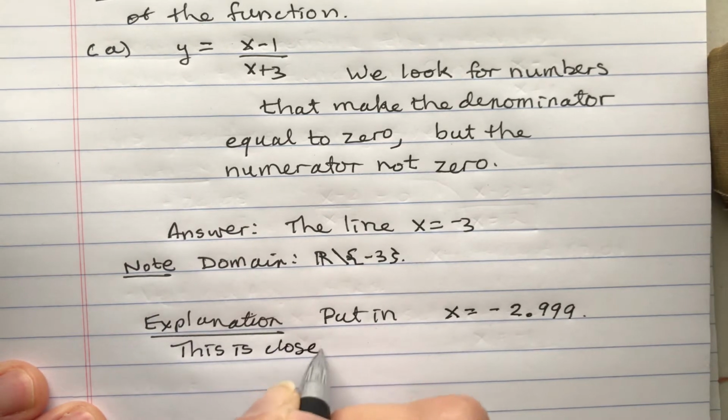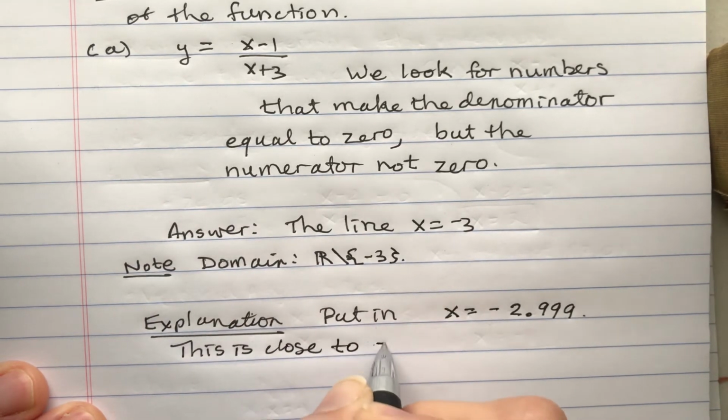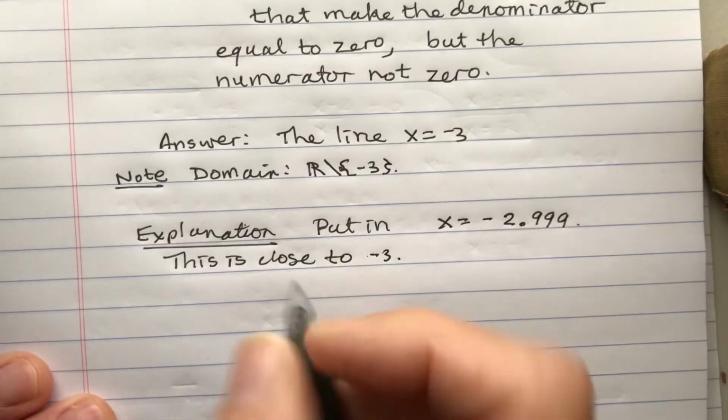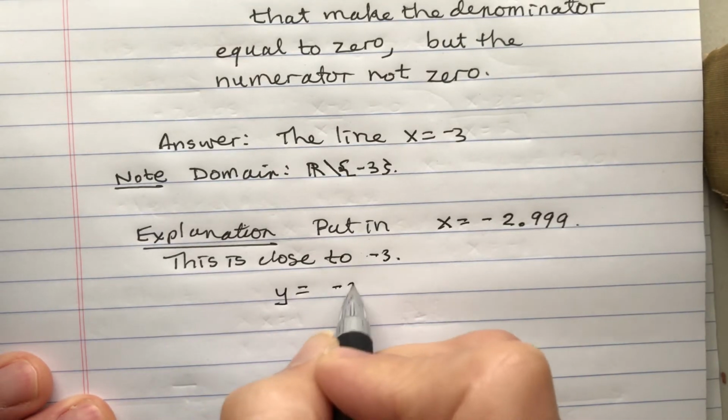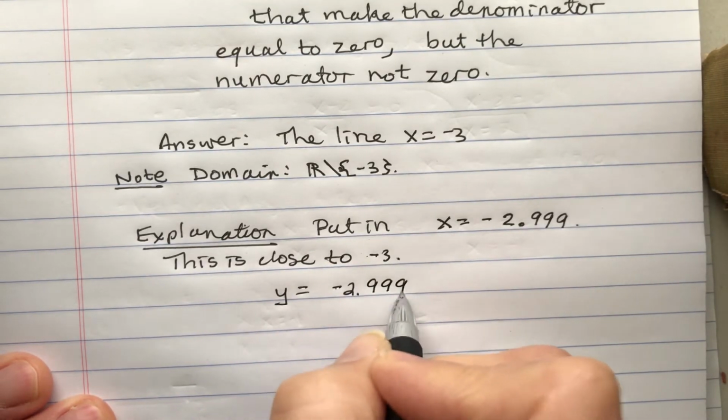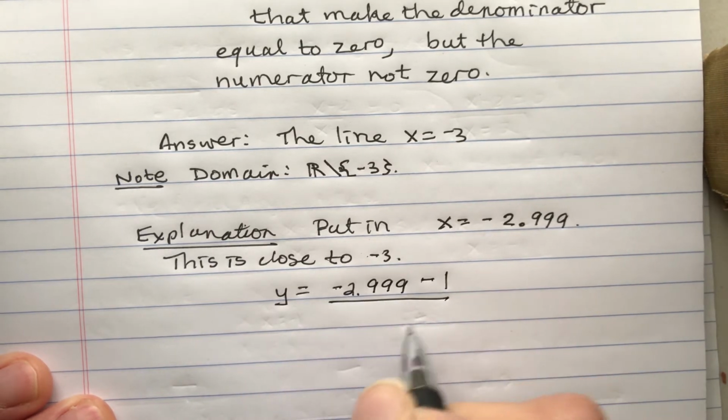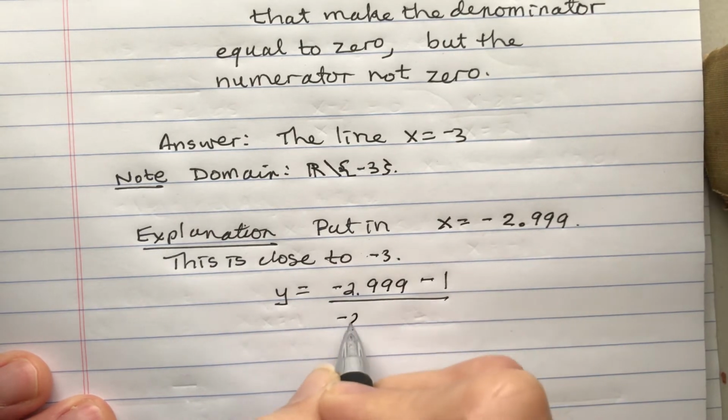It's close to -3. So I put that in there, and this is going to do the job. I think this will show us why I'm saying that we have a vertical asymptote.